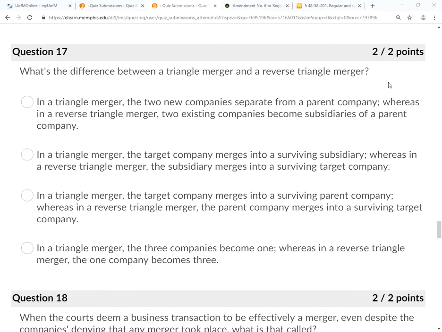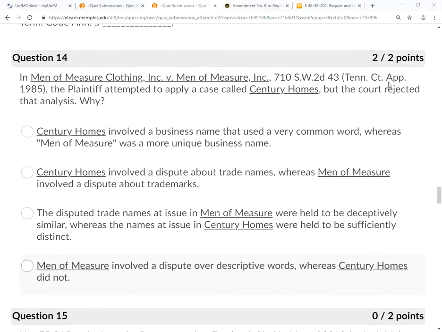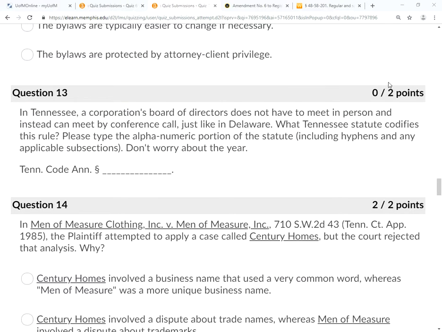For my extra credit, I wanted to cover, on the same quiz, question 13. Let me scroll back here for you. Question 13, which I actually missed. When I submitted it, it says that my answer was incorrect.